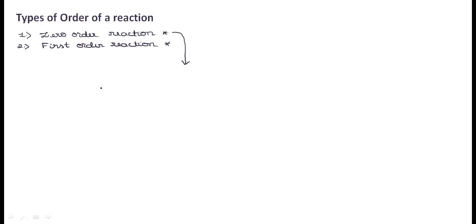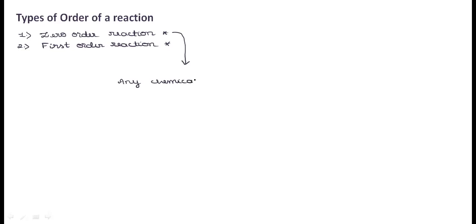So in general, we can define a zero order reaction as one in which the order of reaction is zero. But how it becomes zero is very important. To understand this, we'll take examples.